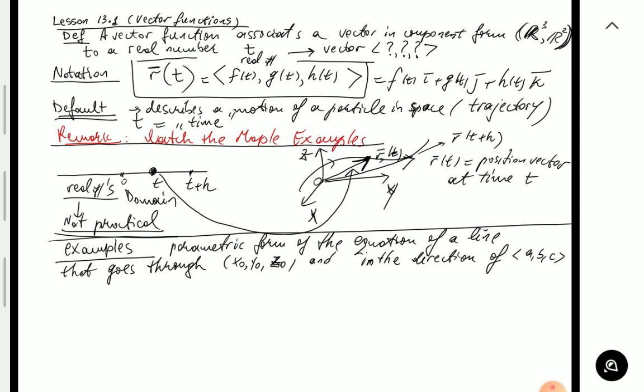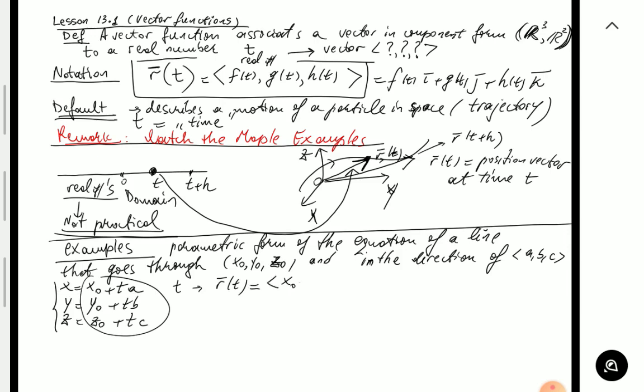So if you remember, the parametric equations of a line were given like this. X equals x naught plus tA, tB, and same thing for all of these coordinates, right? But if you think about it, you can view this in the vector form, you could basically say that for every t, you have a position vector that indicates the corresponding point on the line with the components x naught plus At, y naught plus Bt, z naught plus Ct.